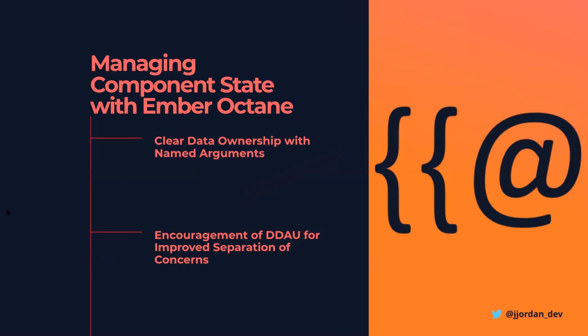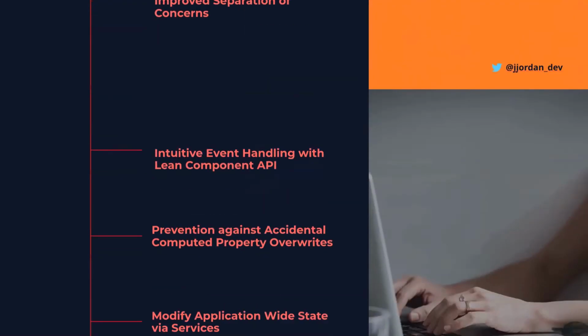We have been looking at data ownership and how named arguments can help us distinguish where data should be owned, and also the encouragement of data down, actions up by not being able to set arguments directly on the component itself. We have improved separation of concerns between presentation and data-owning components.